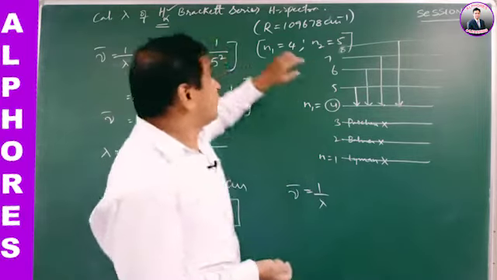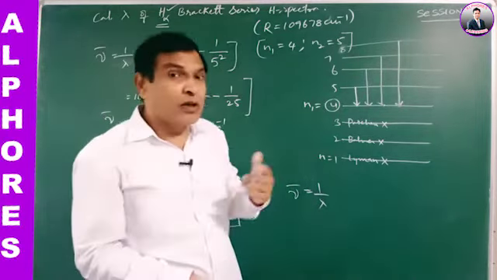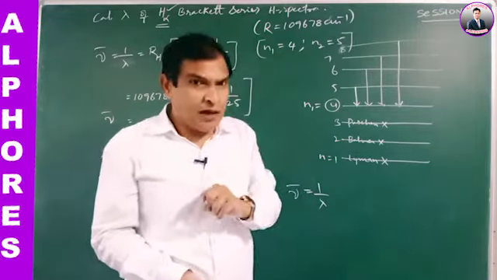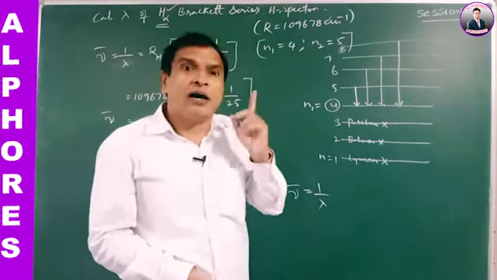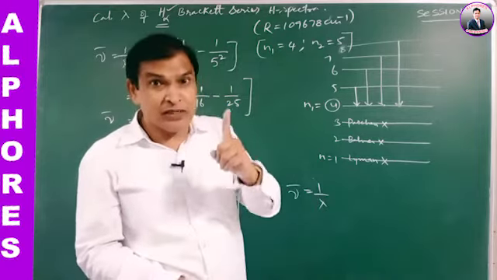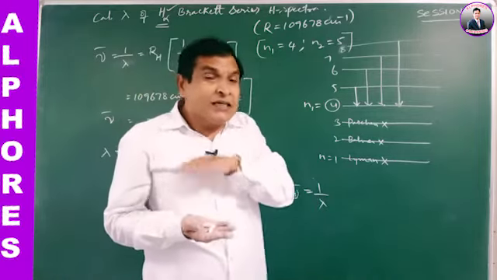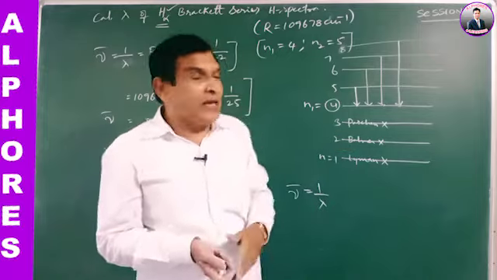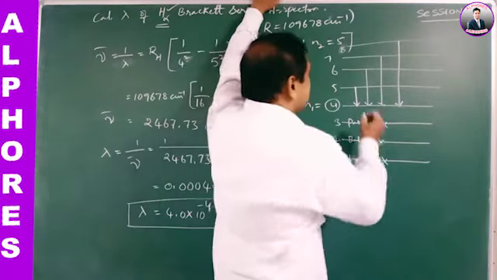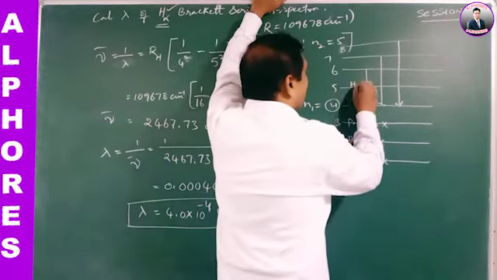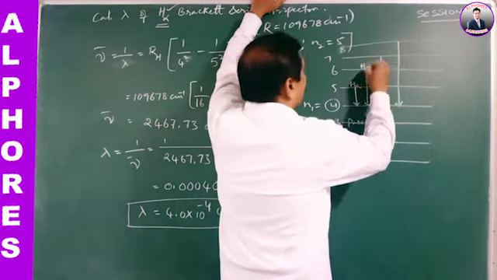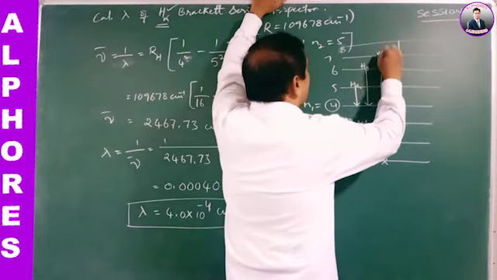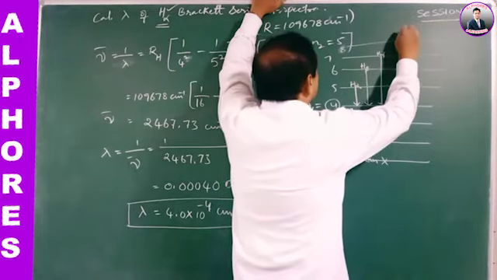Instead of H alpha, sometimes in the question you may also find first line, second line or third line, or instead of H alpha, H beta, H gamma, H delta. These are the terminology of the spectral lines. So this is H alpha, this is H beta, this is H gamma, and this is H delta.